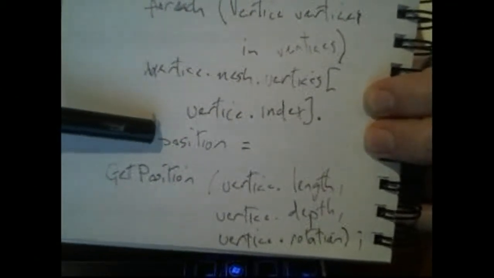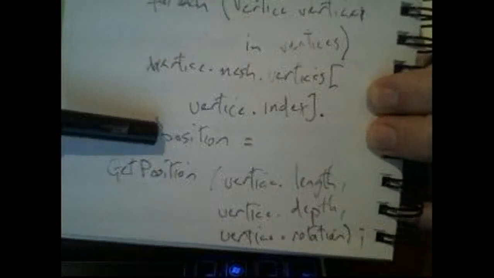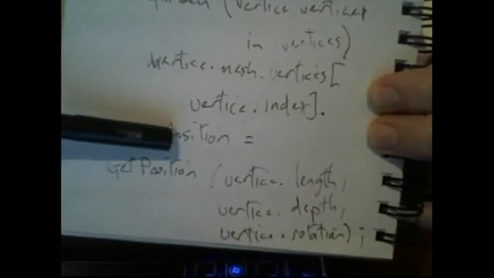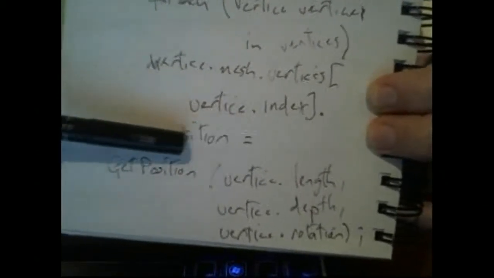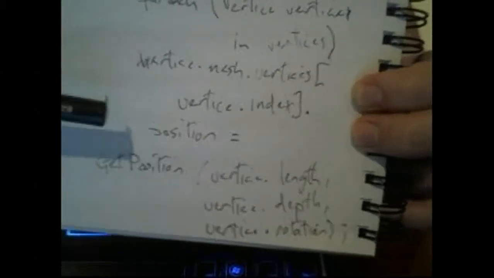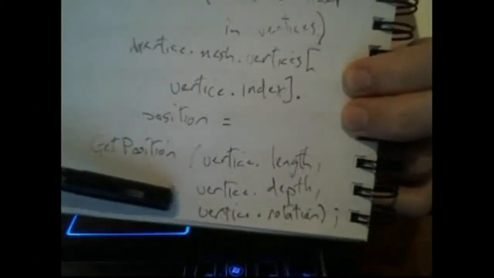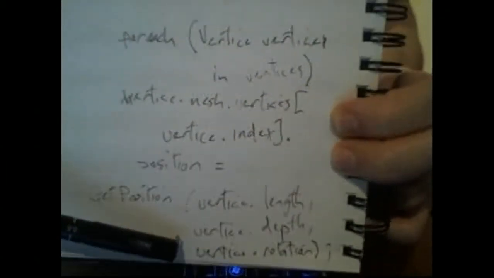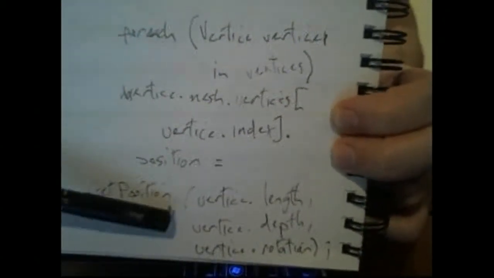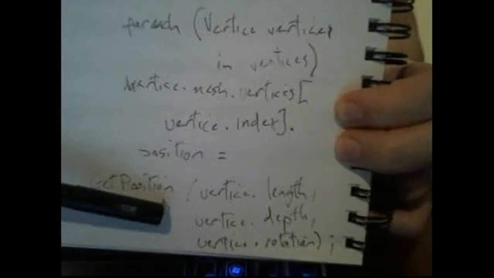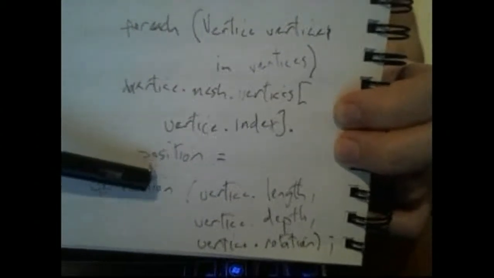And then we say .position. Actually no, it's not .position. Scrap that, because it's a normal vertice, so you need a Vector3 equals get position, vertice.length, vertice.depth, vertice.rotation. So that's where this get position is. I'm going to scrap this.